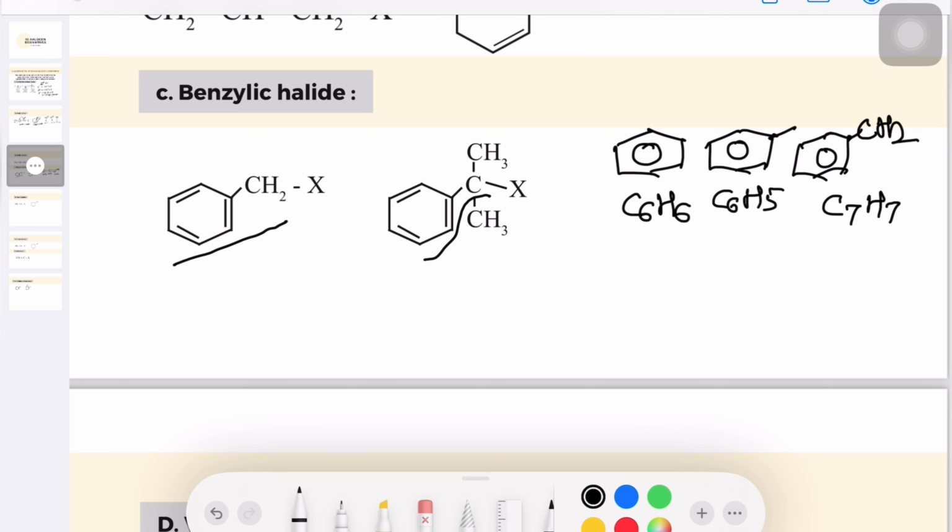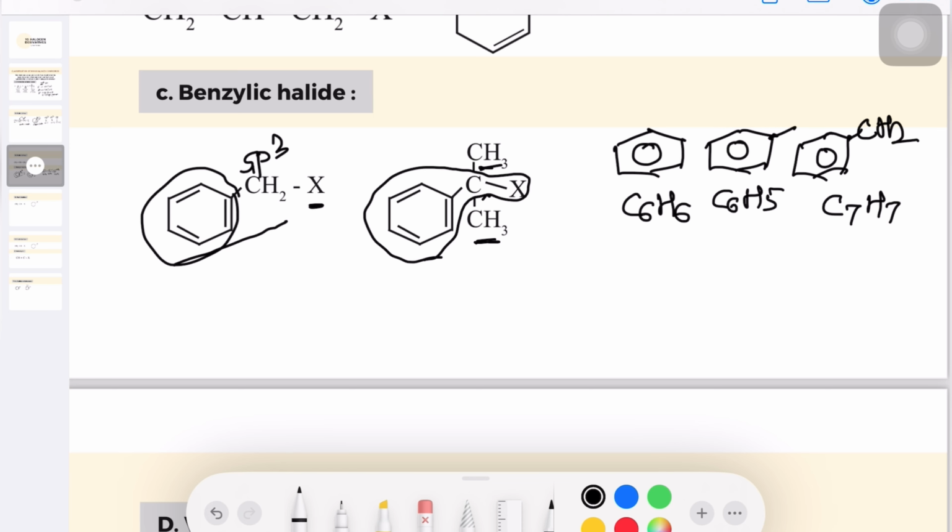In a benzylic halide, the halogen atom is attached to the carbon atom, which is sp3, directly attached to the benzene ring. Here the hydrogens of the sp3 carbon atom may also be replaced by two methyl groups.